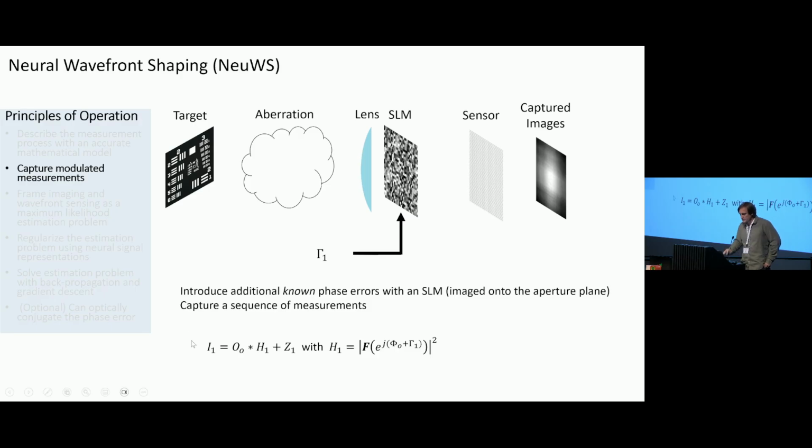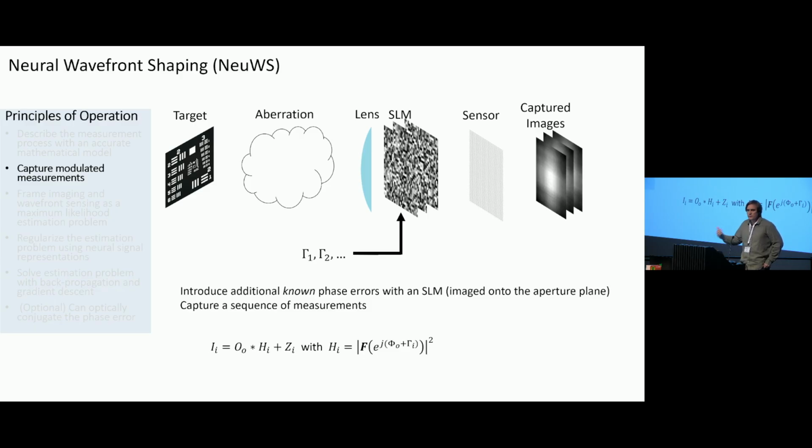So now the measurements we capture have the form, each image is equal to the unknown object of interest, O0, convolved with some PSF, where this PSF depends on the unknown aberration phi, along with this known modulation gamma 1. And we capture another measurement of that form and another, so on and so forth.